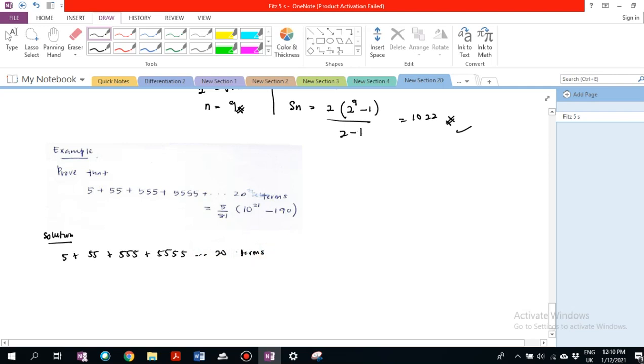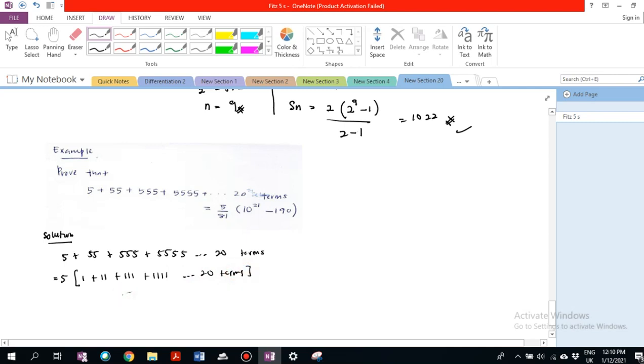Okay, so we take out the 5, we will get 5 times (1 plus 11 plus 111 plus 1111), 20 terms.